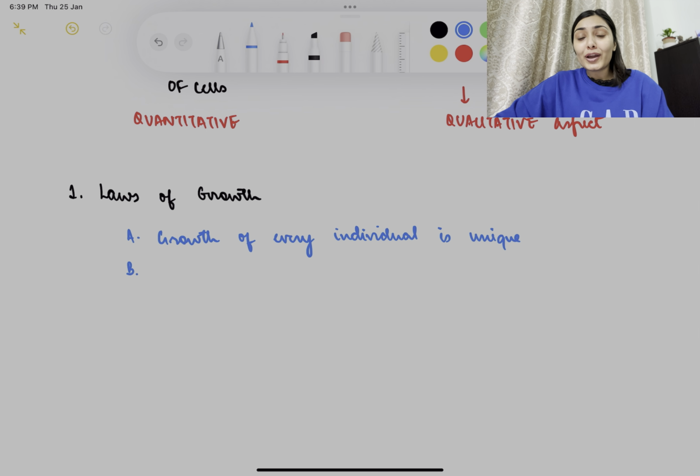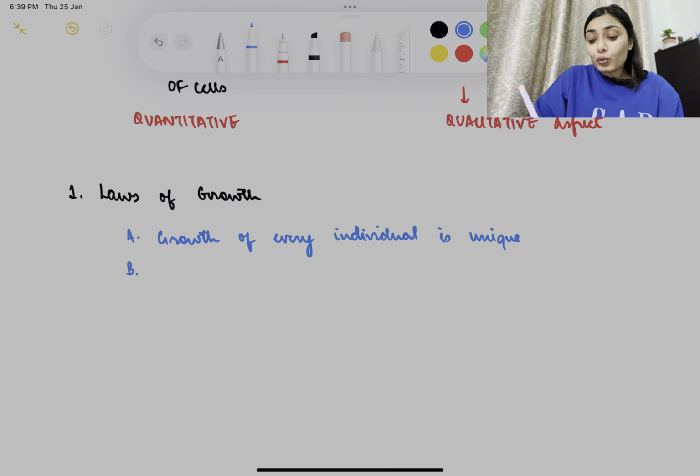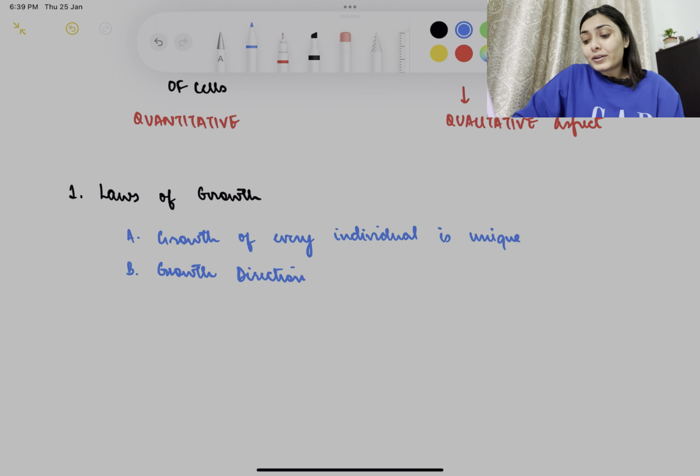The second law here is about the direction of growth. It says that the direction of growth is going to be cephalocaudal and distal to proximal. Let's write down the second law. The direction of the growth is going to be cephalocaudal and distal to proximal.